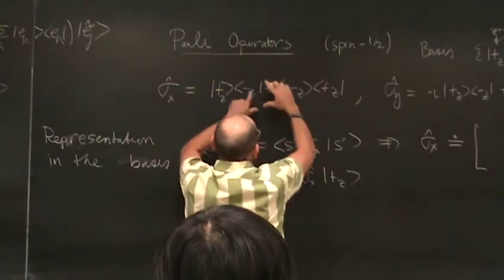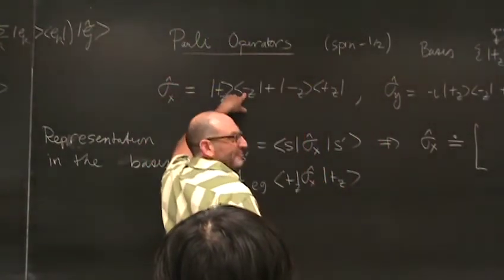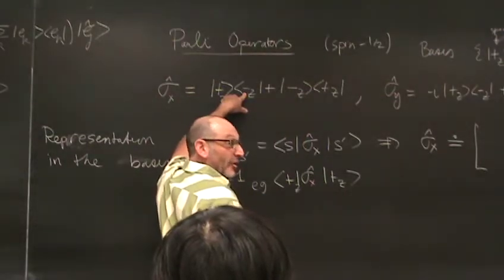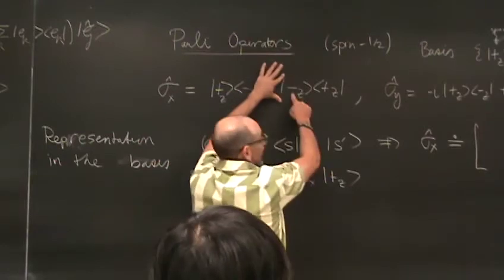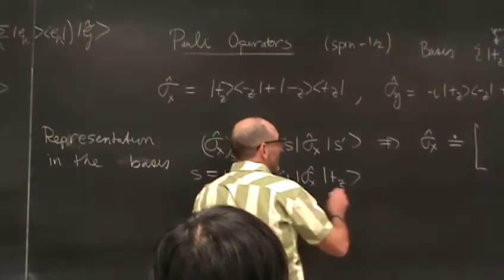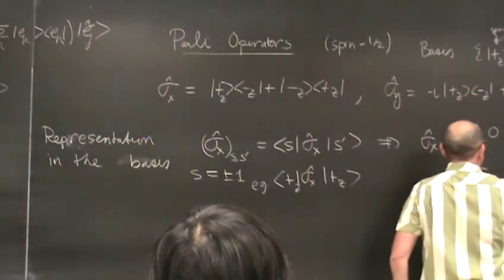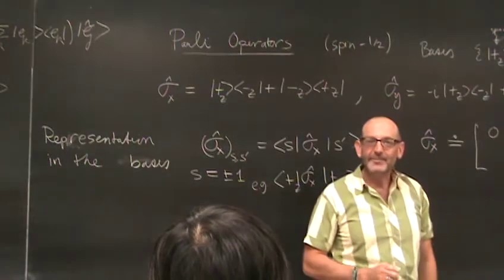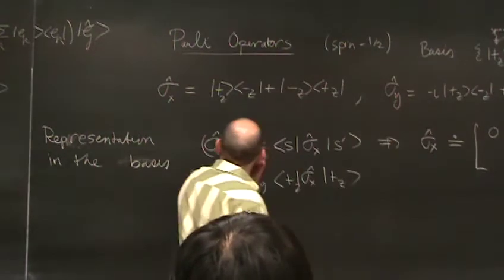Plus on that is 0, because they're orthogonal. Clear? And plus on this is 0, because it's orthogonal. So both of the diagonal matrix elements are 0. Is that clear? What about the off-diagonal elements?